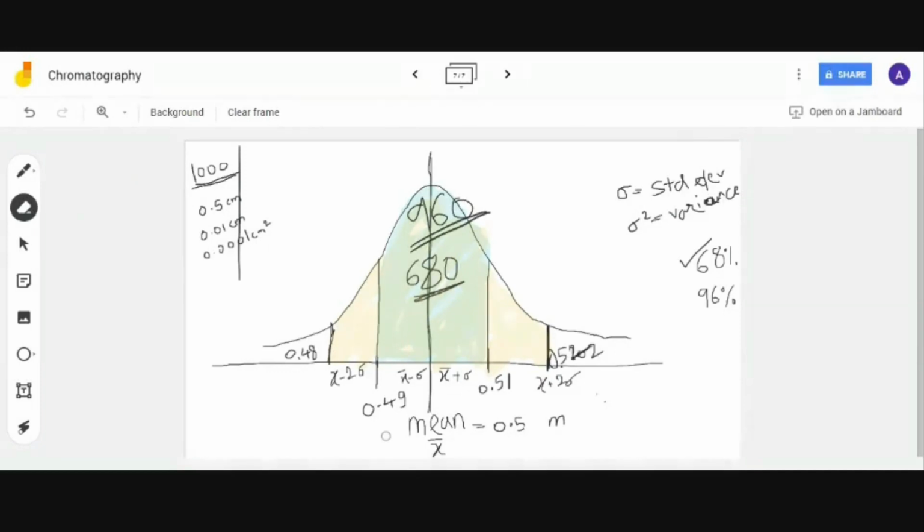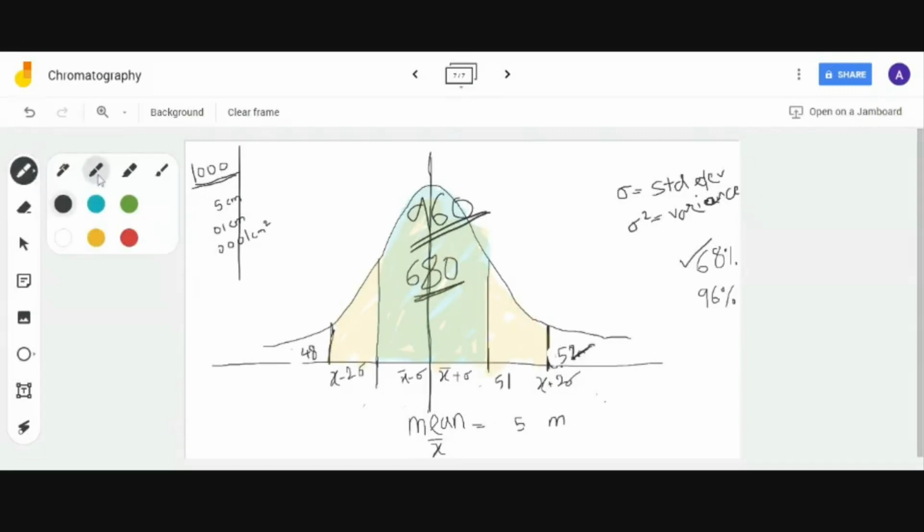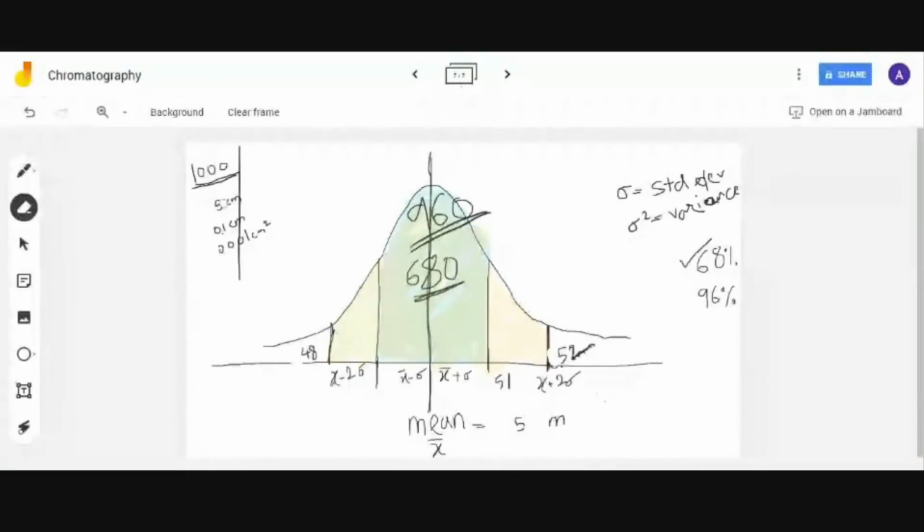Okay, so after 5 minutes you are getting the peak. Accordingly, changes I will have to make. So sigma will be 0.1 minute.